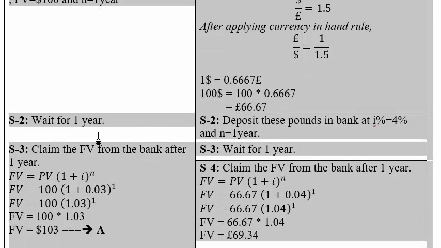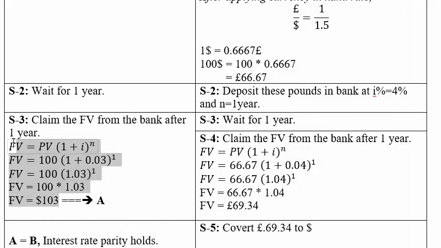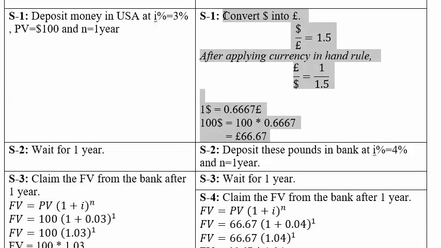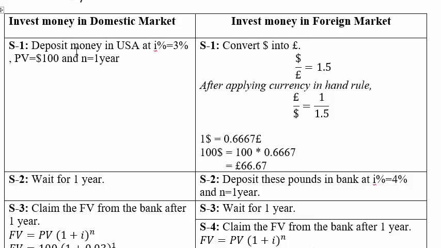There is nothing complicated in it. The most complicated thing is the calculation of future value, which you already know from your basic financial understanding, and how to convert currencies, which you know from currency arbitrage and interest arbitrage numericals as well.